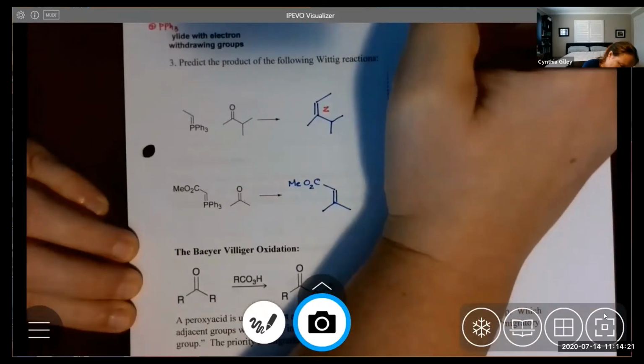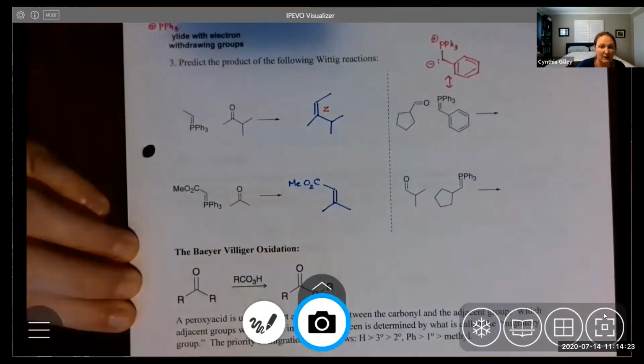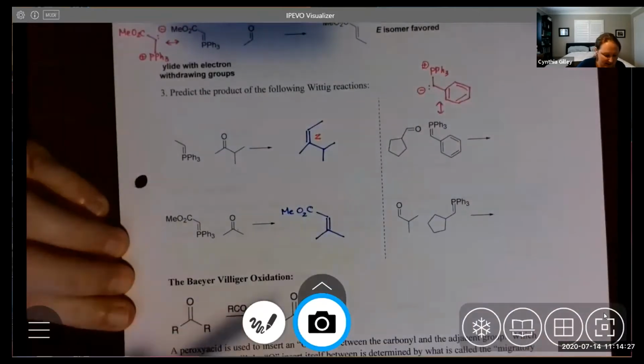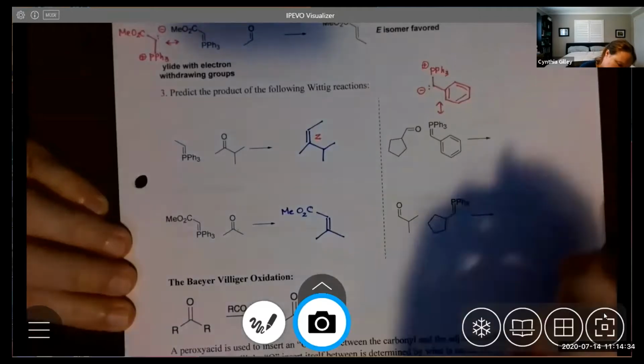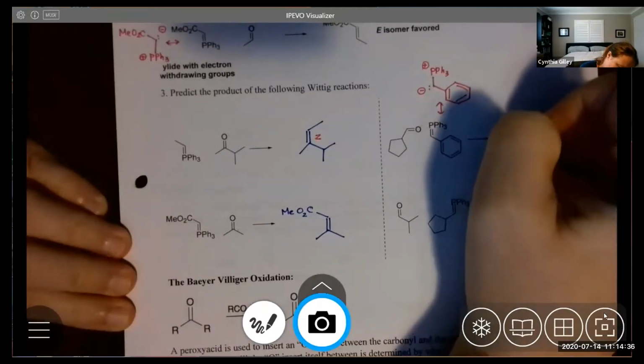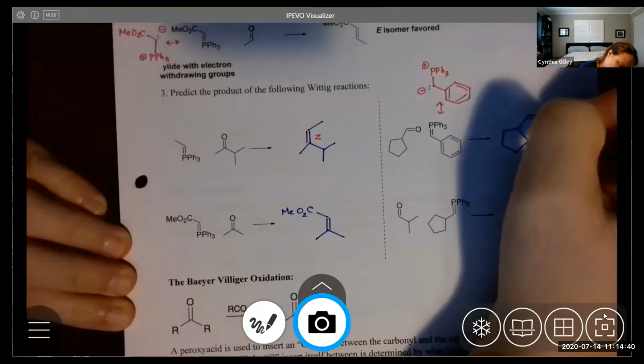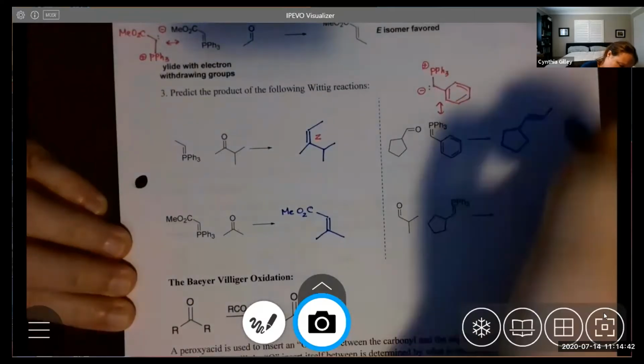So if we draw the other contributor, you can see how the lone pair here is stabilized in the ring. This is actually considered a stabilized ylide. This will give the E isomer. So when we draw that, we're just going to be careful to attempt to draw that as an E.